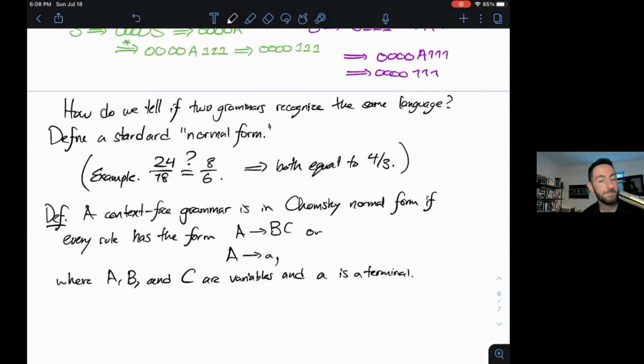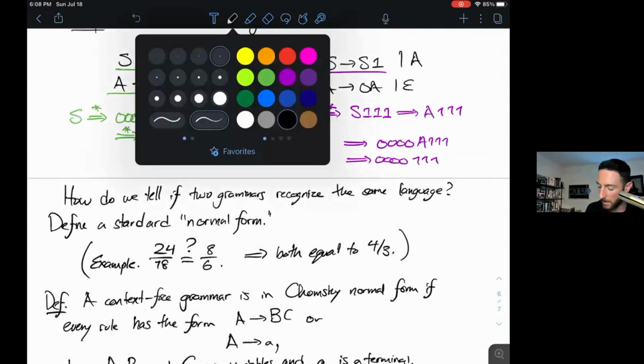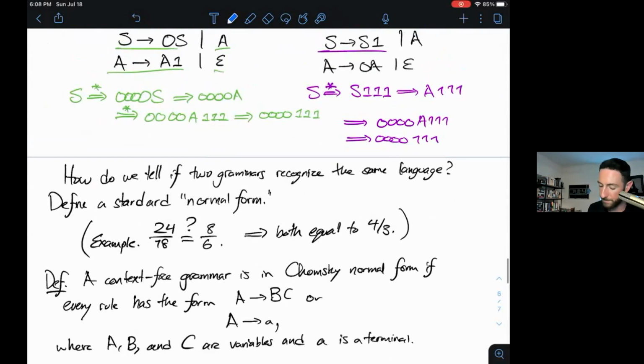All right. So if we took our languages up here, here's an equivalent grammar in Chomsky normal form.